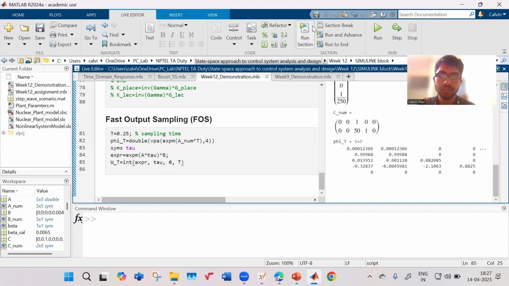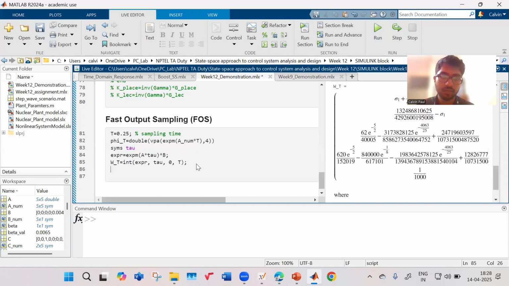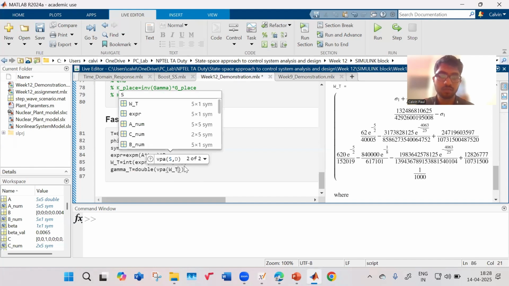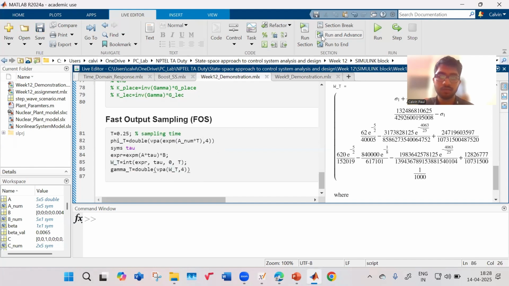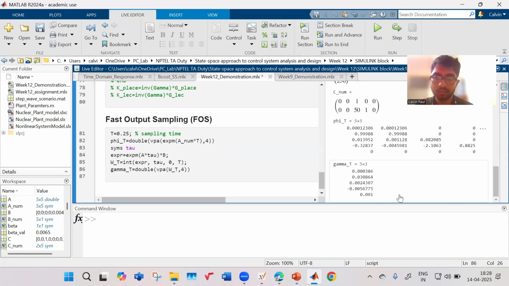Let us check what we get as omega underscore t. It comes out like this. And then we put gamma underscore t as double of VPA omega underscore t comma 4. So we run it, and we'll get gamma underscore t to be this.